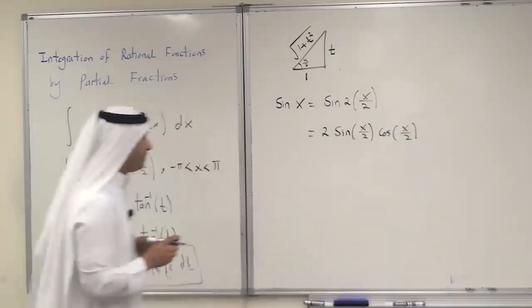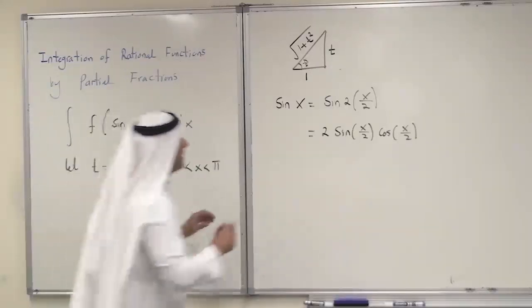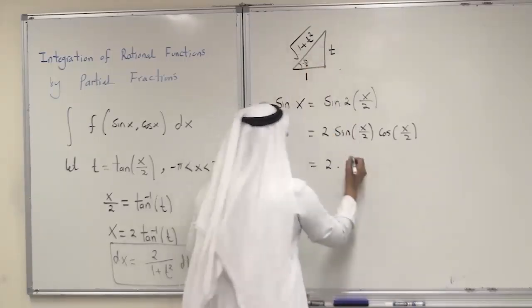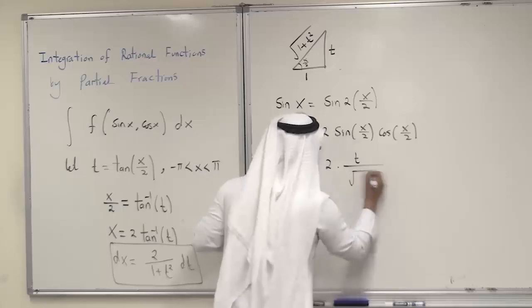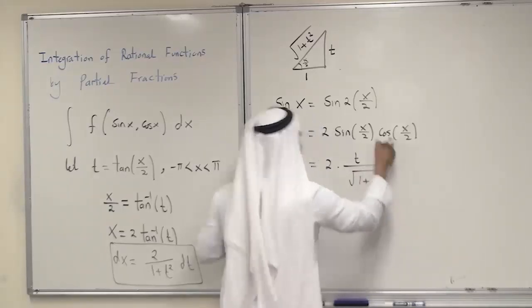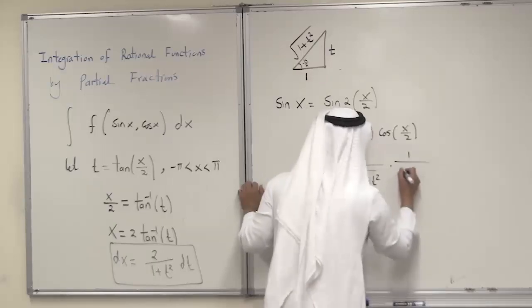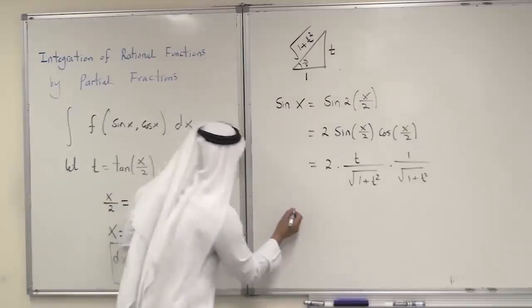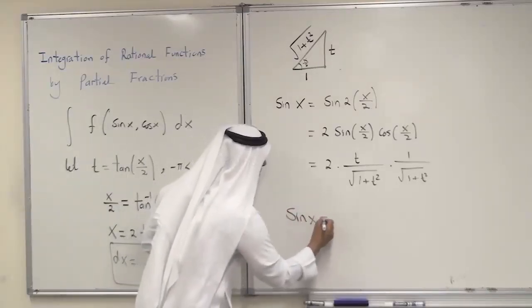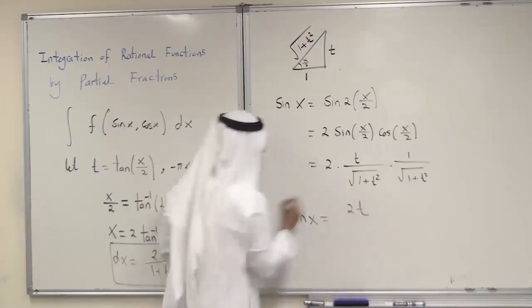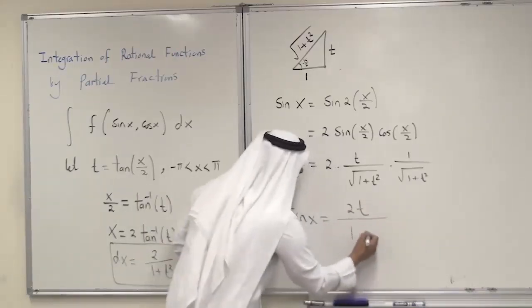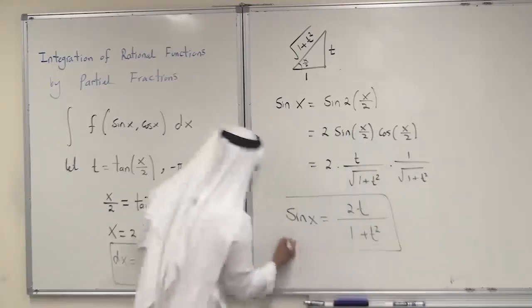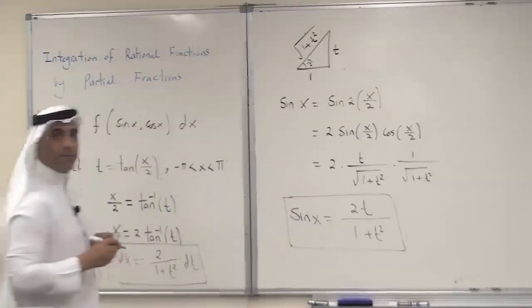Borrowing these values from the triangle, sine x over 2 is opposite over hypotenuse, so it is t over radical 1 plus t squared, times cosine, which is 1 over radical 1 plus t squared. Simplifying, sine of x is equal to 2t divided by 1 plus t squared. So using this substitution, I can replace the sine of x by 2t over 1 plus t squared.